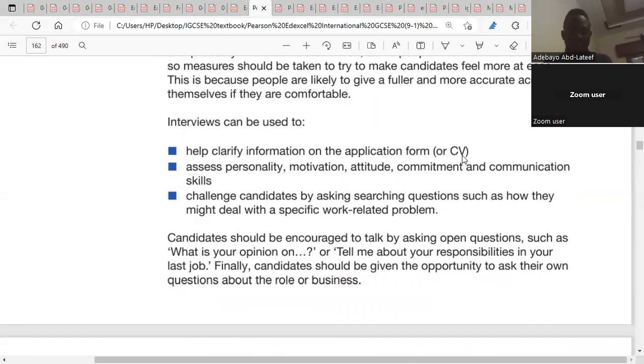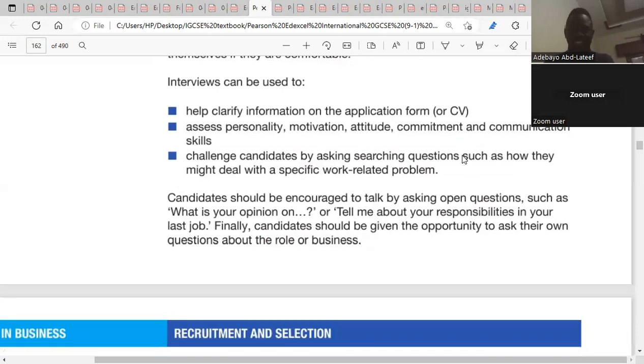Remember when we were talking about how to break the barrier to communication? We said through training or recruiting workers that have good communication skills. So you can get to know workers that have good communication skills during the interview, by interviewing them.